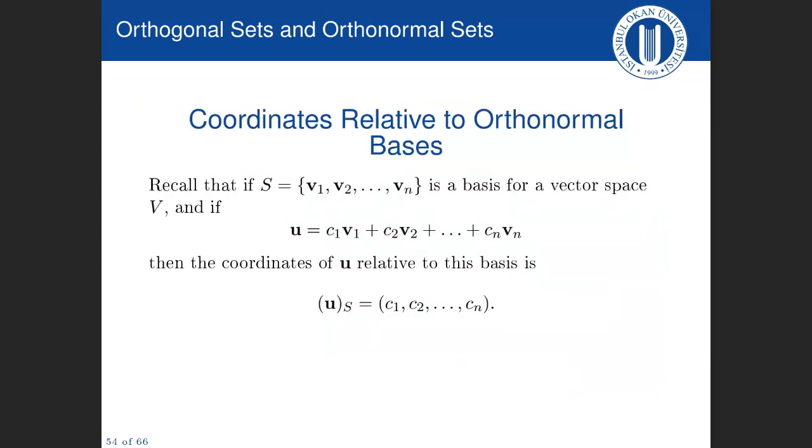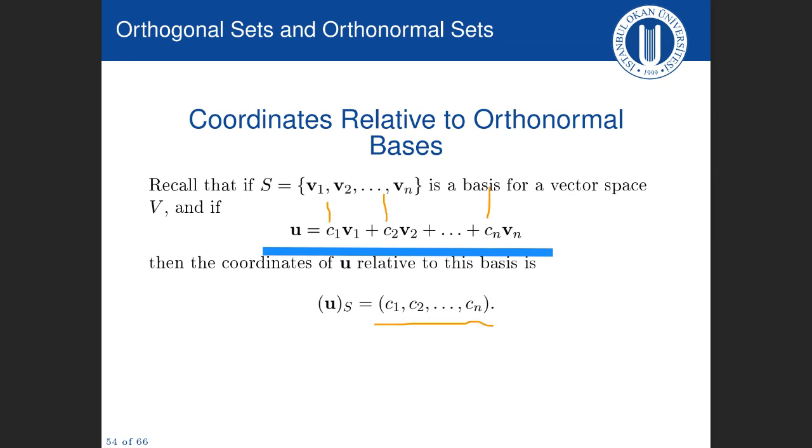Let's talk about coordinates relative to an orthonormal basis. Let's do a bit of revision. What does coordinates relative to a basis mean? If we have a vector space V containing a vector U, of course, we can always write U as a linear combination of the vectors in a basis for V. If we do this, then the coordinates of U relative to the basis are these numbers, C1, C2 up to Cn.